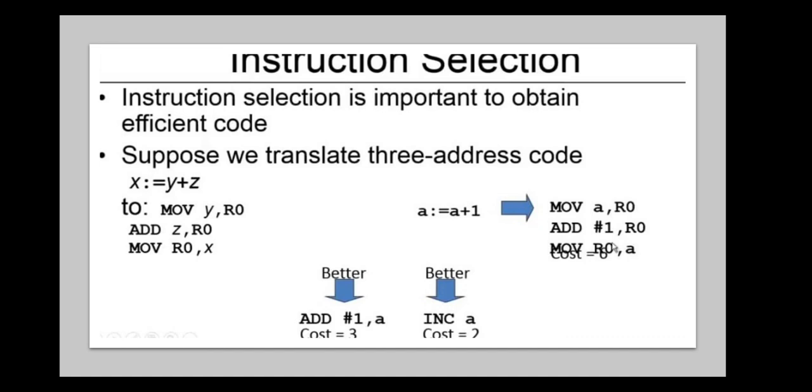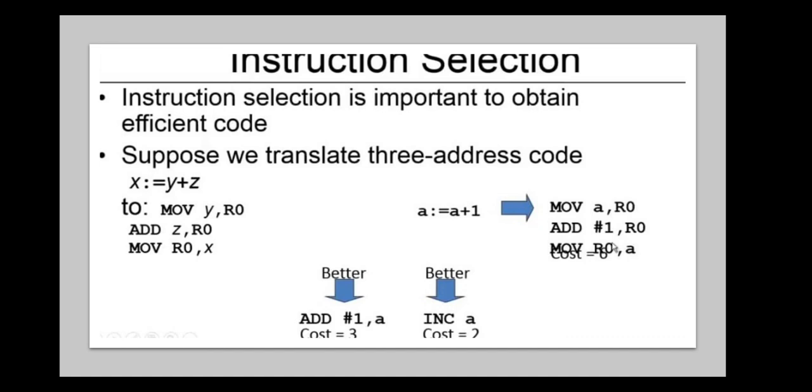Now you have to come here, a := a + 1. Now the same thing is repeated: the value of a will be stored in R0, and then add 1, R0, and then move R0, a.